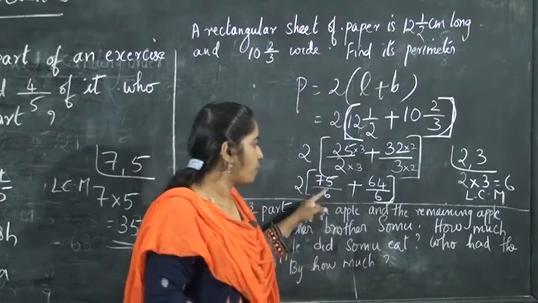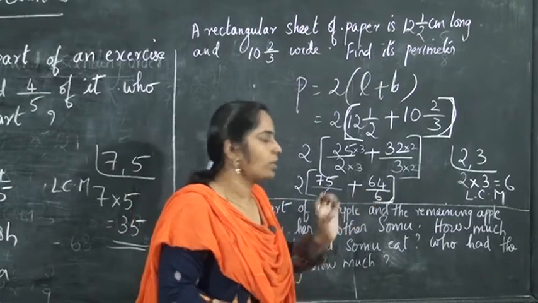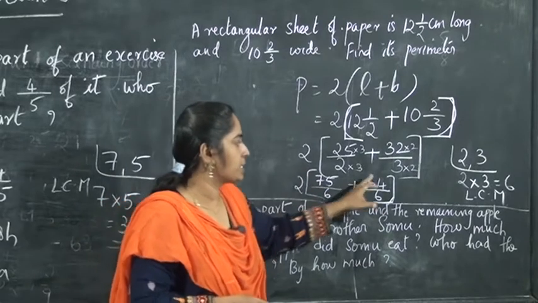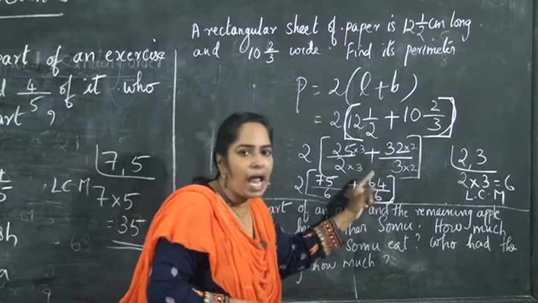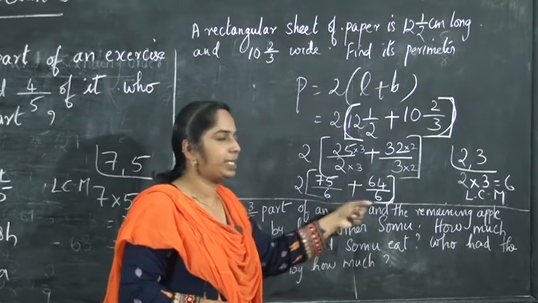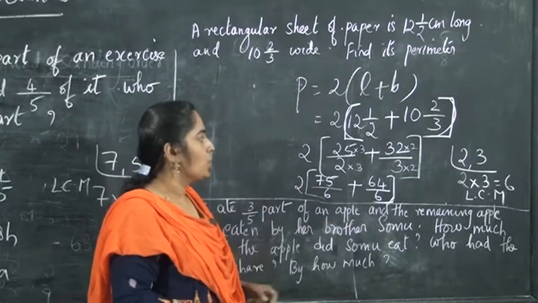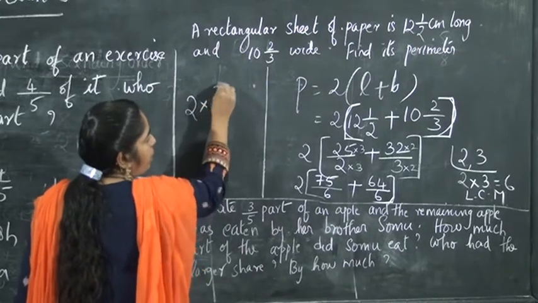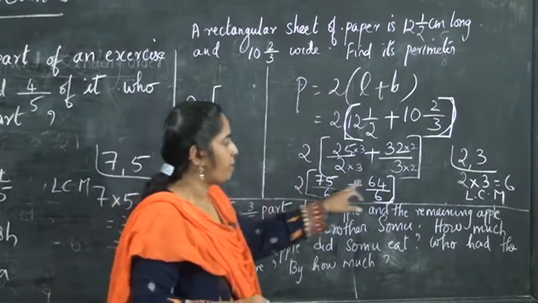So here 75 by 6 plus 64 by 6. What is the answer? Here 75 by 6 plus 64 by 6 means we want to add the numerators, and the denominator is the same here. So I will write here 2 into the bracket 75 plus 64.